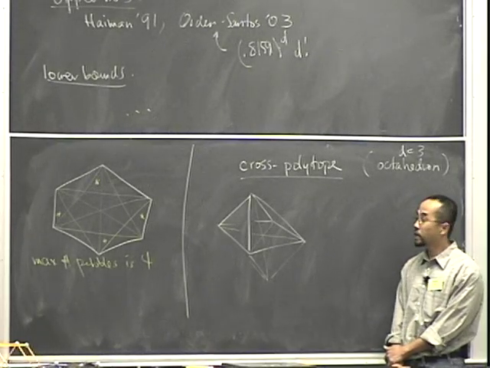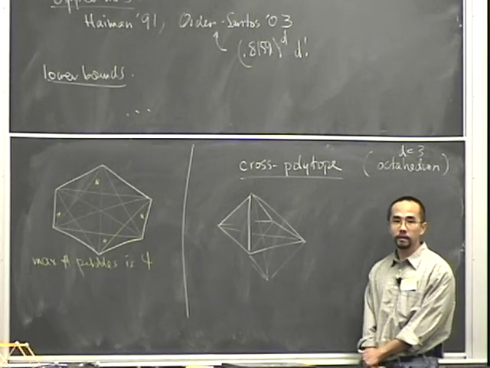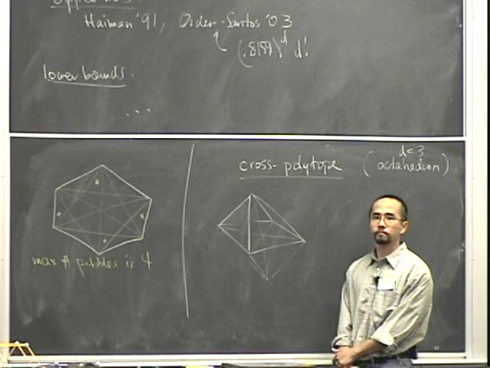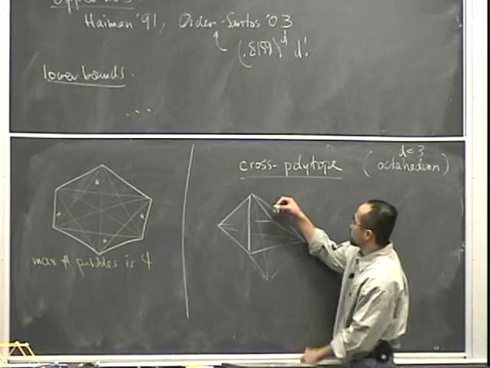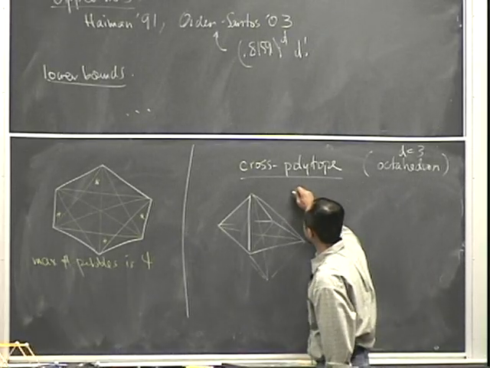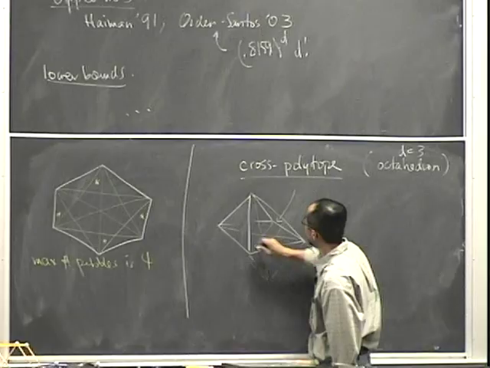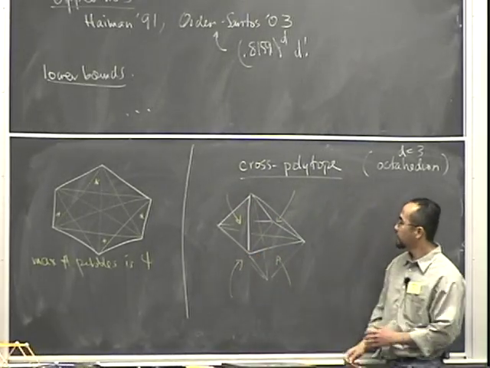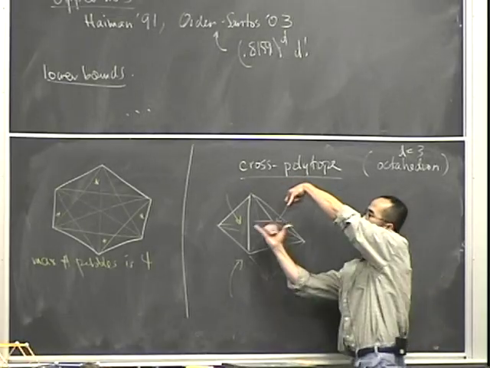Okay, and I claim you can place 4 if you're clever. Anybody see how? Yeah, how about placing ones in, let's see, let's put one here in alternating chambers. That is, these 2 are here and these 2 are here.